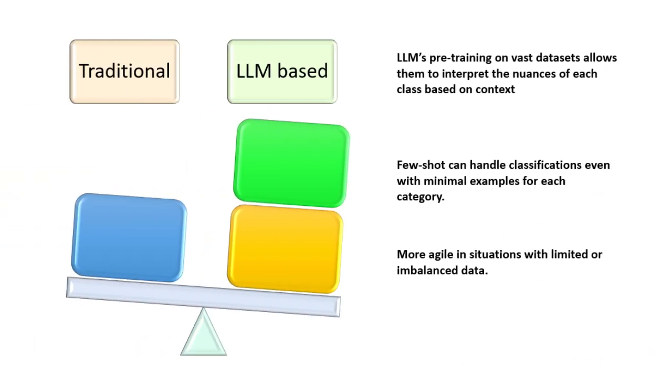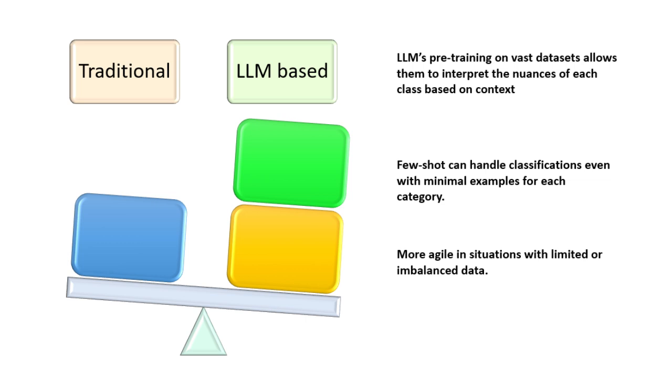This is where LLMs offer a distinct advantage. An LLM, through few-shot learning, can handle classification even with minimal examples of each category. By providing a few representative examples in a prompt, LLMs can understand and generalize category distinctions without the need for extensive training data for each class.